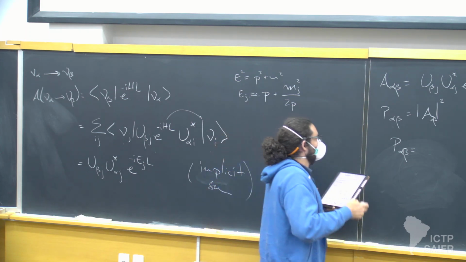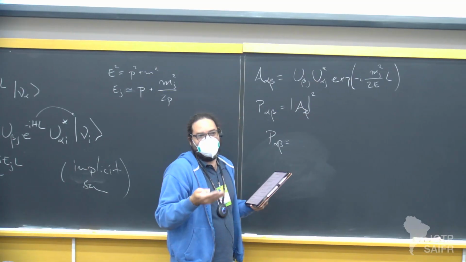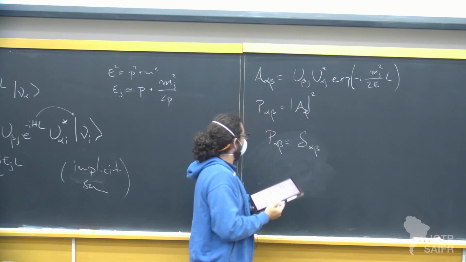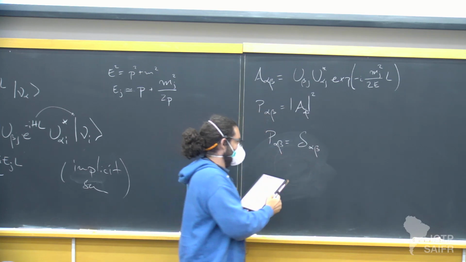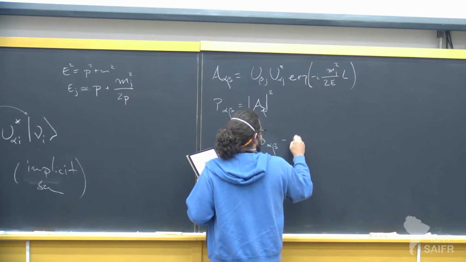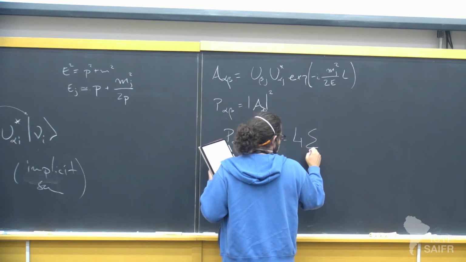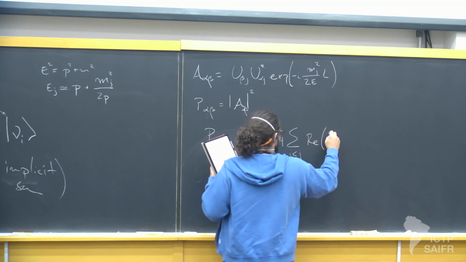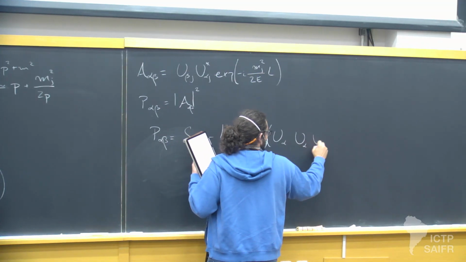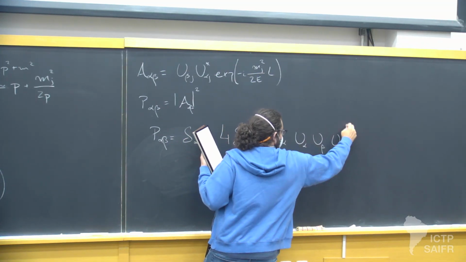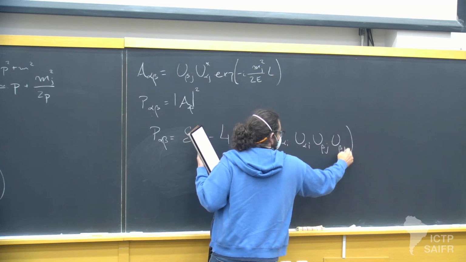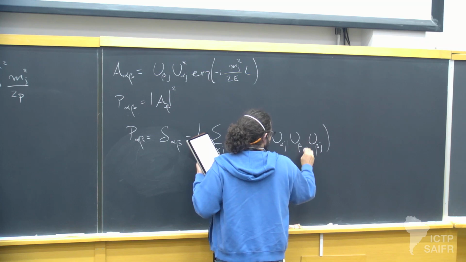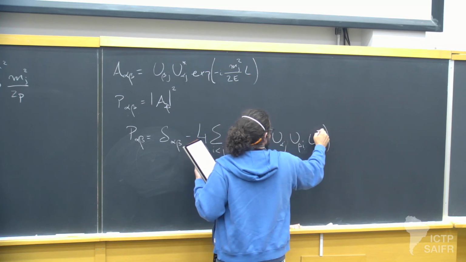So one of the exercises is actually to derive the formula that I'm going to write here, which is a very simple one. You can show that the probability of producing neutrino alpha and detecting neutrino beta goes like this. There's a 4 here, sum. I'm putting the sum back because the sum has this non-trivial relation, U alpha i, U beta i, U alpha j, U beta j, star, star.